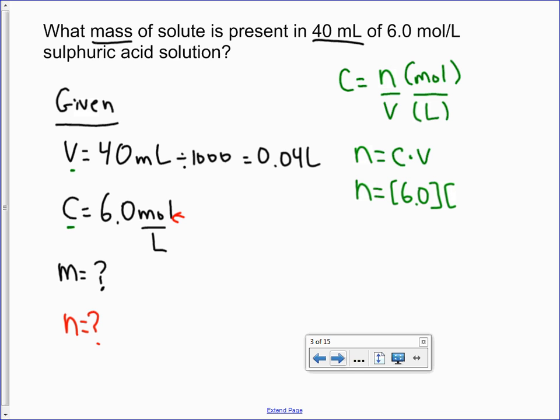We are going to multiply that by our volume in liters, 0.04 liters. When we multiply those two numbers together, we get a total of 0.24 moles of sulfuric acid.